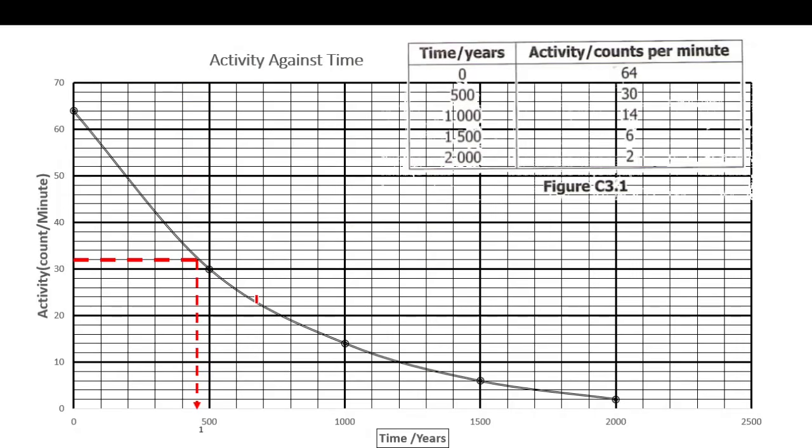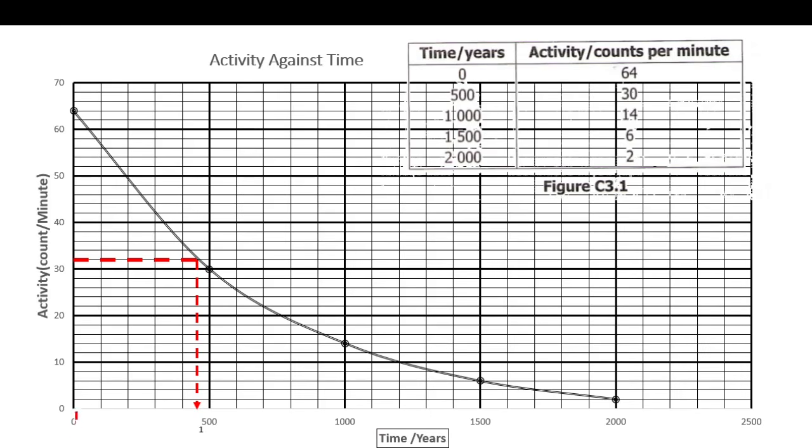Time is on the horizontal axis, the x-axis, and activity is on the vertical axis. So I plot 0, 64.